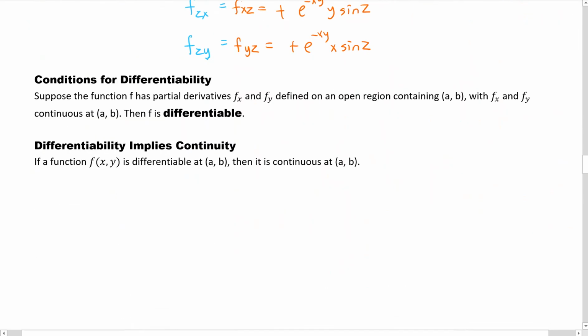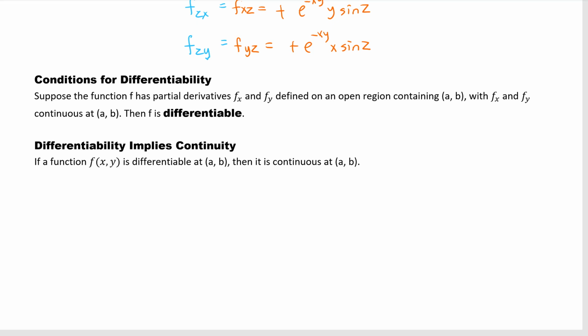Let's continue. Conditions for differentiability. Suppose the function f has partial derivatives fx and fy defined on an open region containing (a, b) with partial f partial x and partial f partial y continuous at (a, b), then f is differentiable.